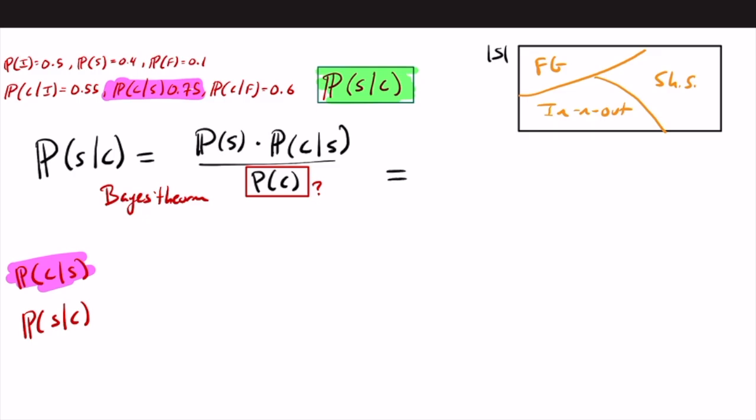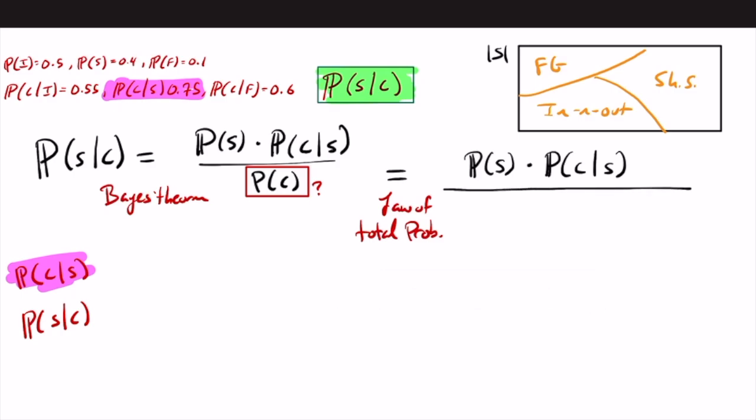We will use the law of total probability, and we're going to get the probability of Shake Shack burger times the probability of a correct guess given it's a Shake Shack burger over, this is where we get the expansion of the probability of a correct guess using this partition.